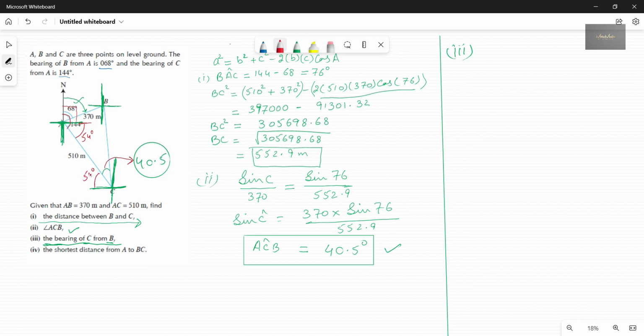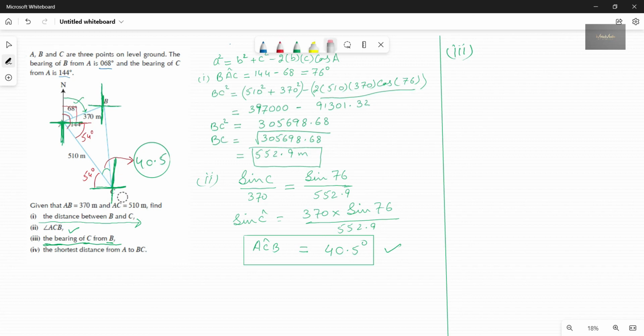Okay, now you see the total angle at this point C is 270, because we have touched all three axes, right? Plus 54 plus 40.5, it is 364.5. You see that? Okay.